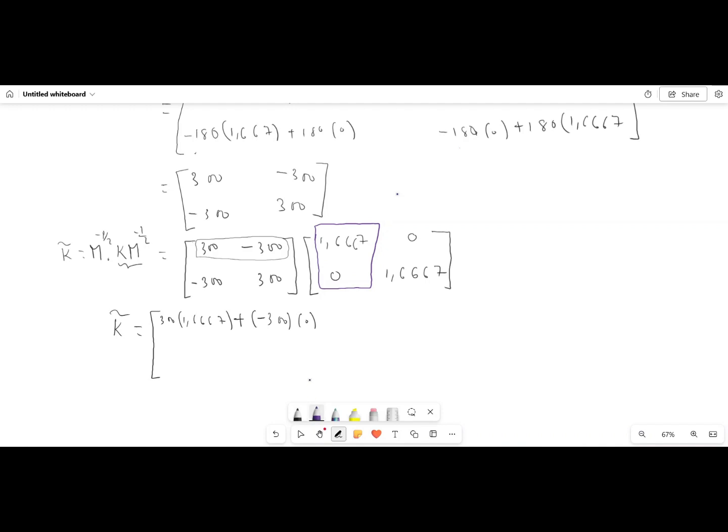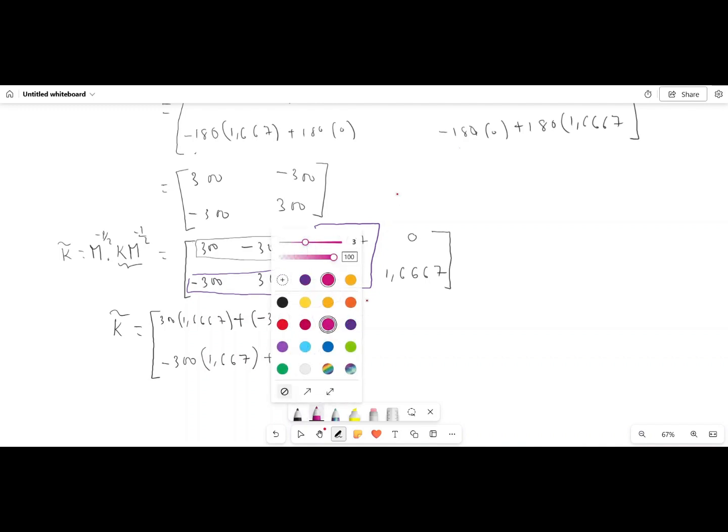I go to the bottom. On the bottom, I will use the bottom line, but multiply with what? This everything here. That's why you see I will have minus 300 multiplied by 1,667 plus 300 times 0. Now the same rule that I've done there, but now I will use this guy here has priority because I want to fill the other rows there.